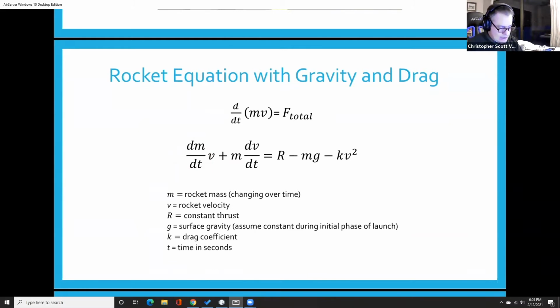It has obviously changing velocity. That's the variable v, and this is the change in velocity over time. Of course, the acceleration. This is a term to represent the constant thrust. This is the weight, and this is a term for air resistance with a coefficient for drag, and it's quadratic in the velocity. So it's a nonlinear first order differential equation in v. Right?